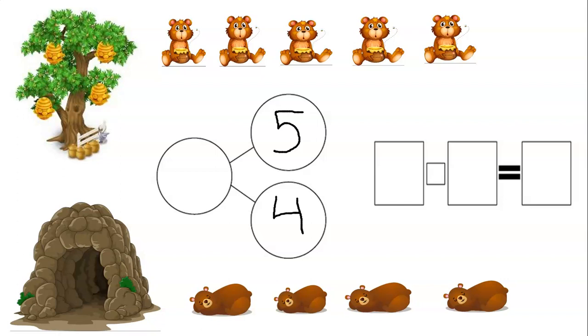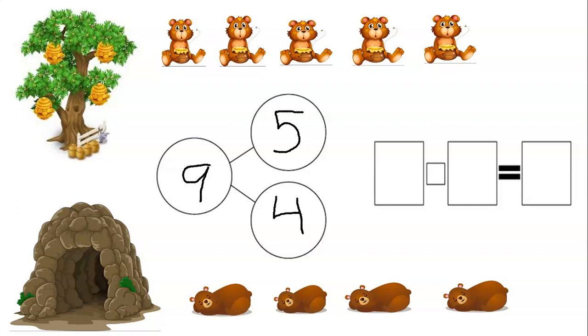How many bears do we have all together? Because that number is going to go into our whole. 1, 2, 3, 4, 5, 6, 7, 8, 9. Okay, guys, now let's put this into our number sentence. Just like our number bond, our number sentence is similar.